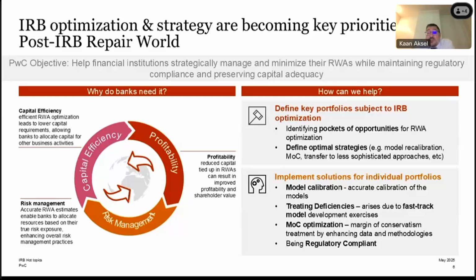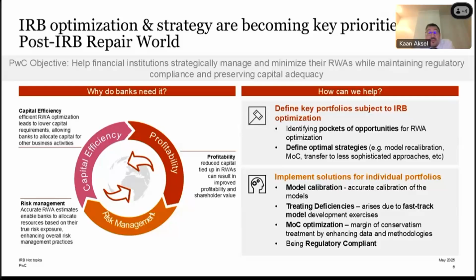There are also three dimensions to how we can improve it. One of them is better methods related to calibration and MOC estimation. The second dimension is better data, and finally, better strategy. Strategy lies here in the context of the choice we have to make when it comes to IRB.